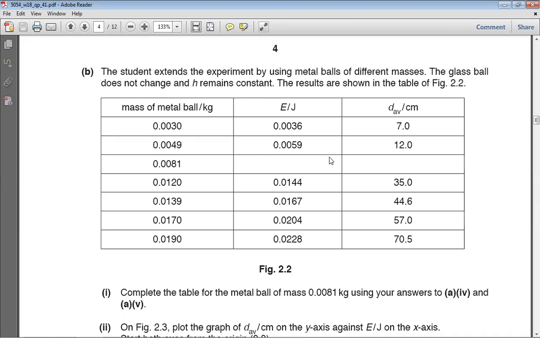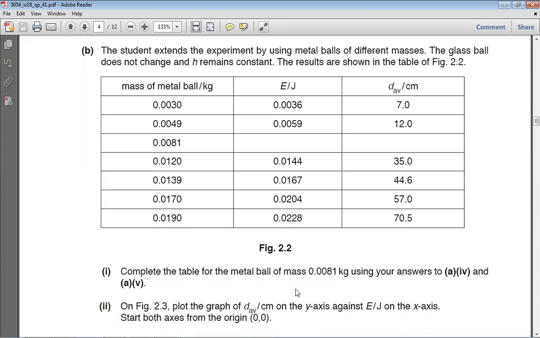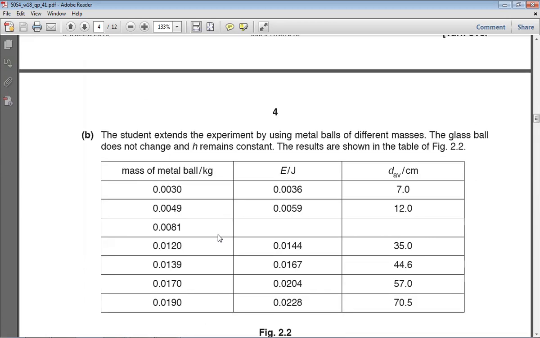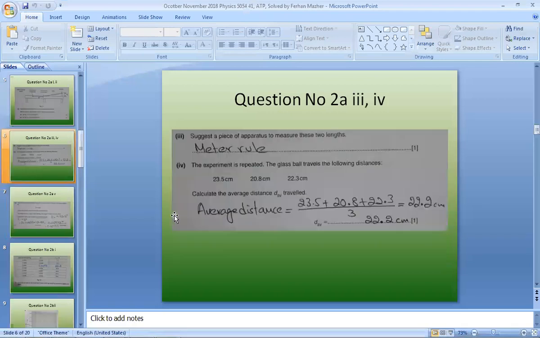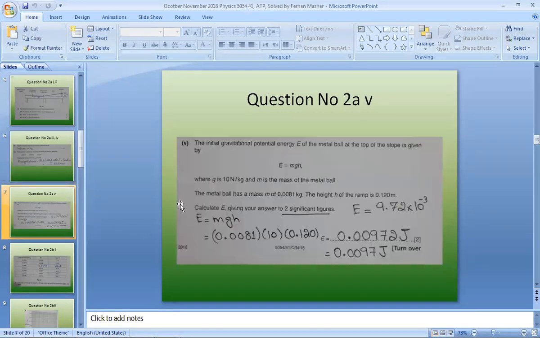So here we have two blanks, the energy and the average. Complete the table for the metal ball of mass 0.0081 kg using your answers to the fourth part and fifth part. In the fourth part, the answer is 22.2 centimeters.